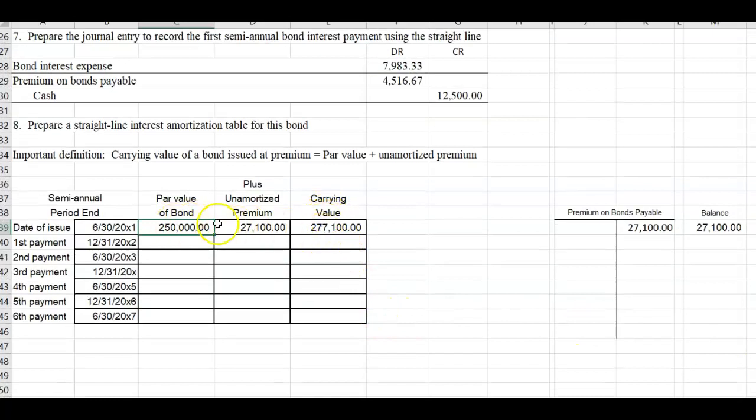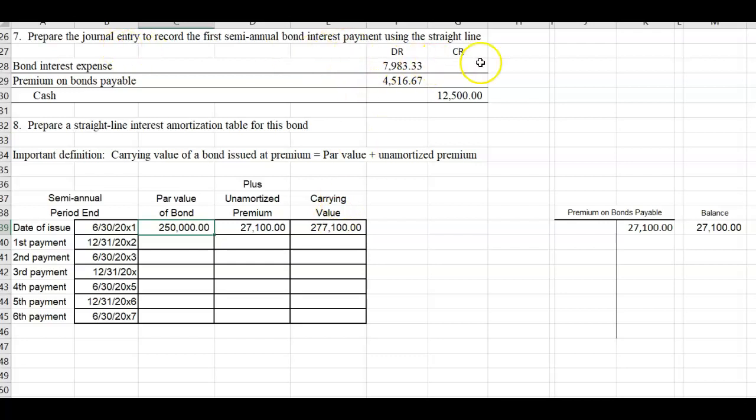And because both of these accounts represent liabilities with credit balances, then the carrying value is both of those added together for a $277,100 carrying value on the issue date.